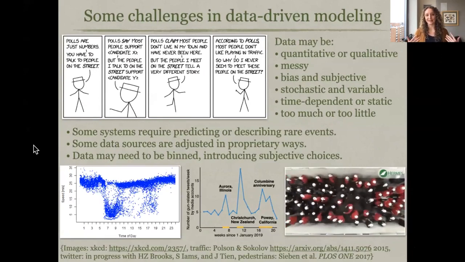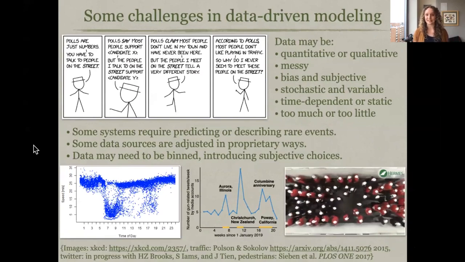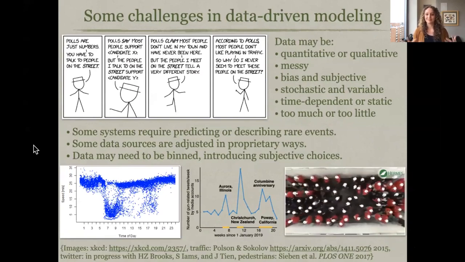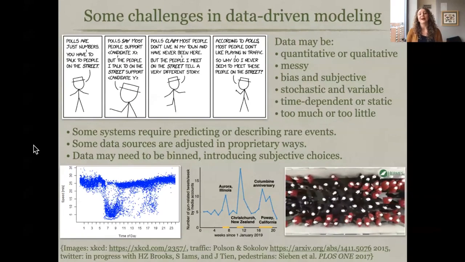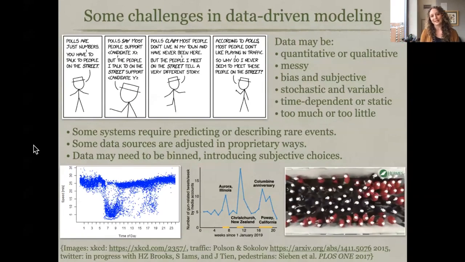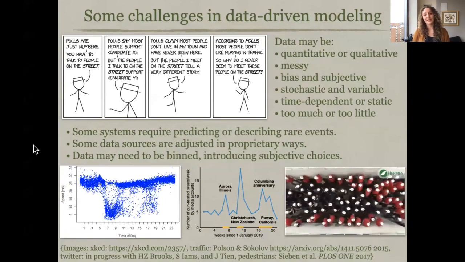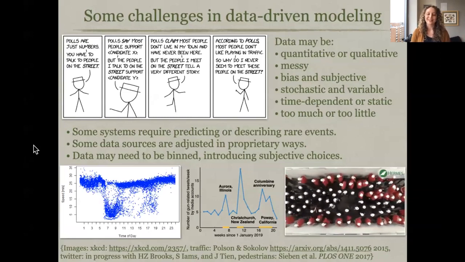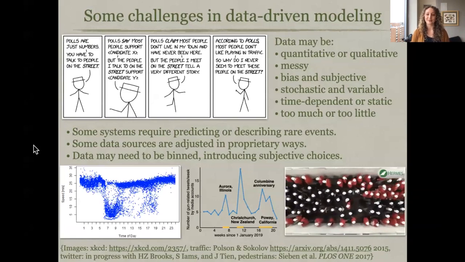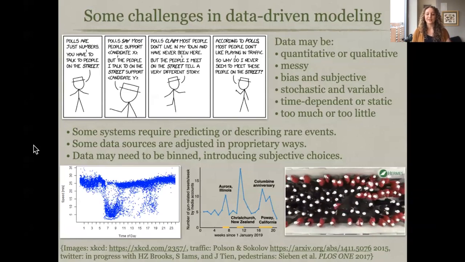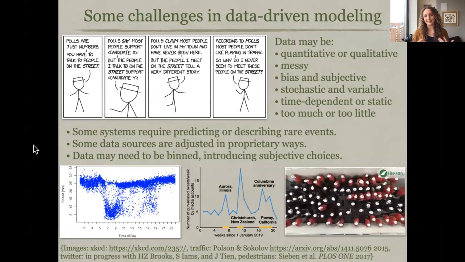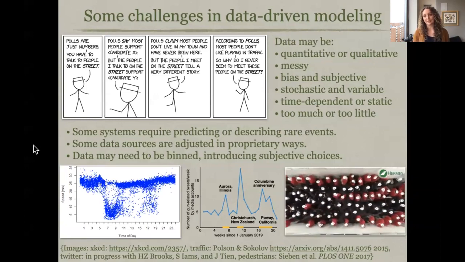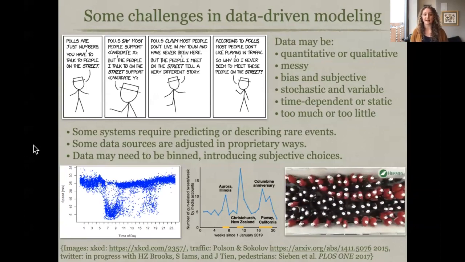I've done some election forecasting work, and I think the hardest part was just getting the data into a framework that could be usable. It's important to keep in mind when data is biased or subjective. Mason's going to talk a little bit about, well, a lot about, data ethics in about an hour. And sometimes you have way more data than you know what to do with, and sometimes you have much less than you'd like to have.